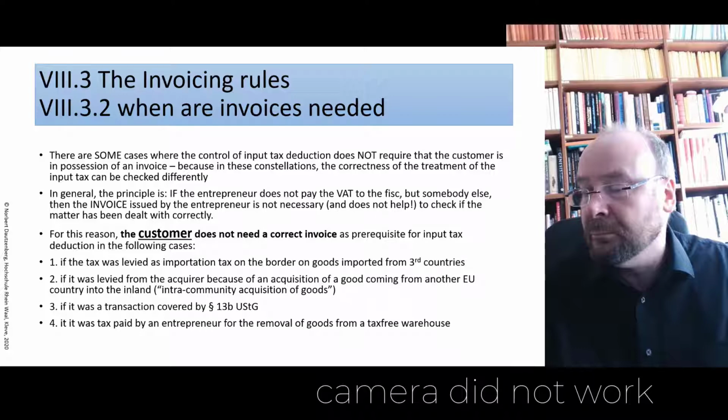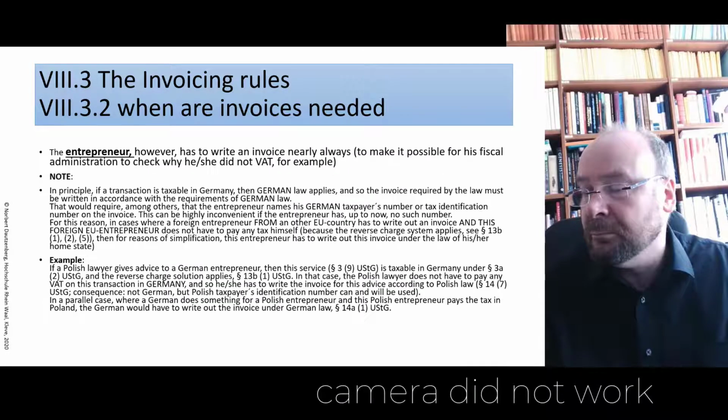So the first thing we can now sum up is that the invoice is only needed to be absolutely correct if the invoice is about a gross amount which contains VAT, which was paid from your business partner, not by yourself. But this is in reality 99.9% of all cases, in most cases. And so the invoice must be correct.